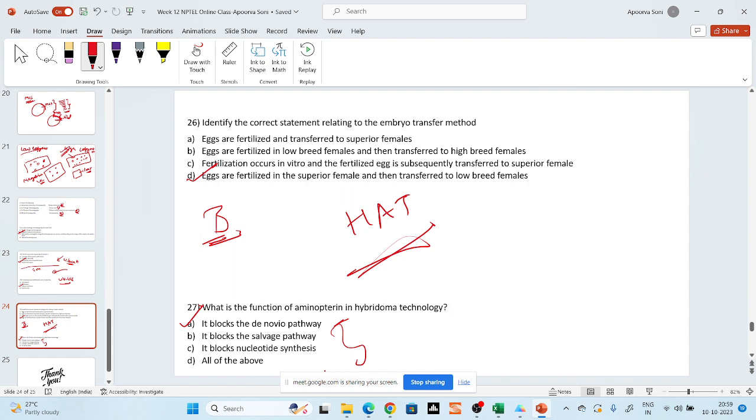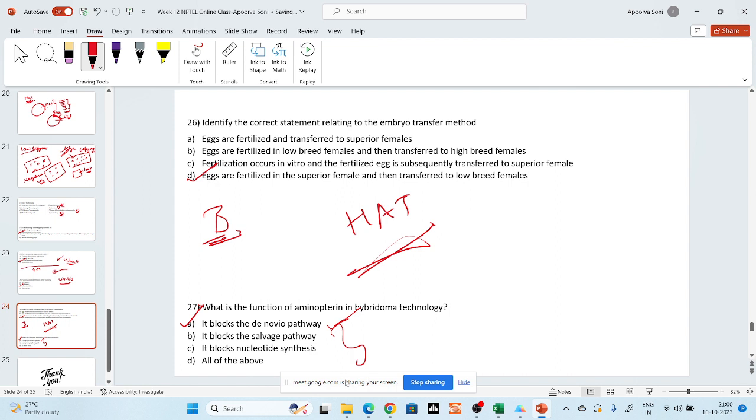Then in that case, you can select nucleotide synthesis, because all other options are entirely different. But here you have an option which is even more specific, which is the de novo pathway. Therefore, you will select this. So it depends upon the options that you have.